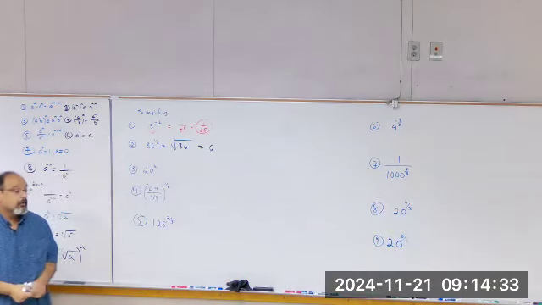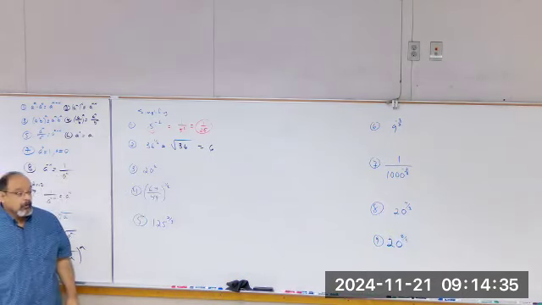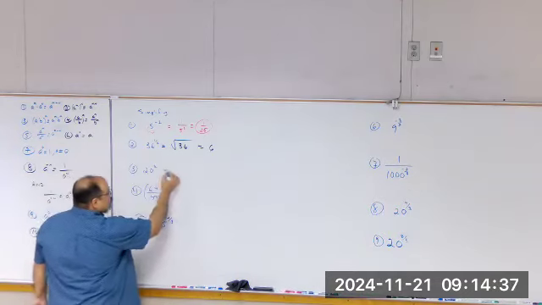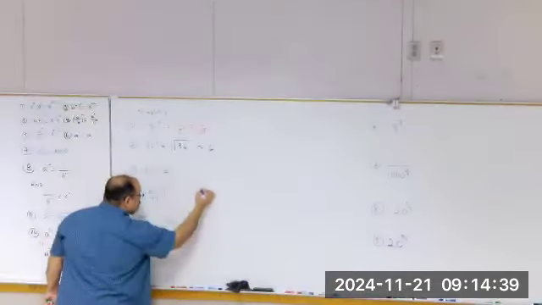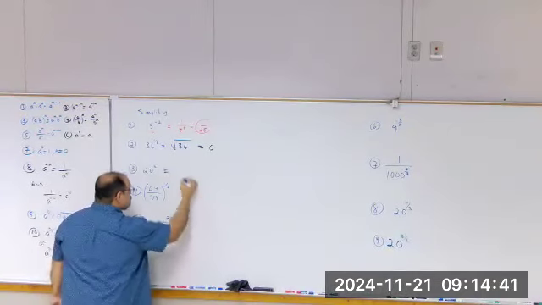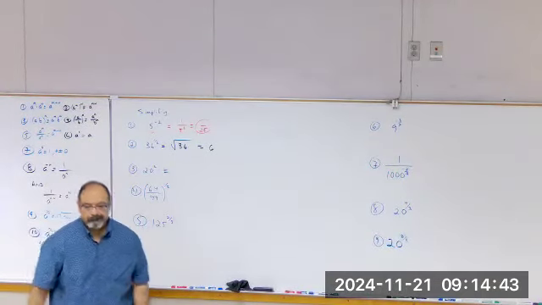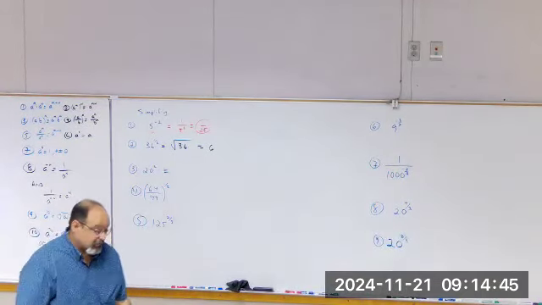What is 20 squared? You have a calculator, so you should have... 400.